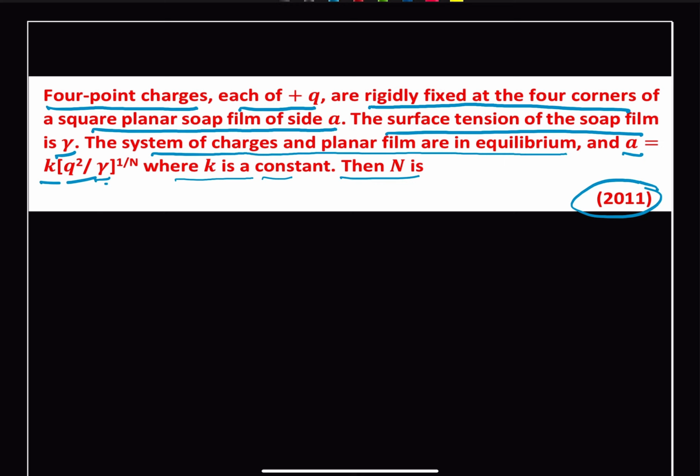So we can draw a rough approximate figure that we have a soap film whose side is given as A. Each edge is having plus q charge.